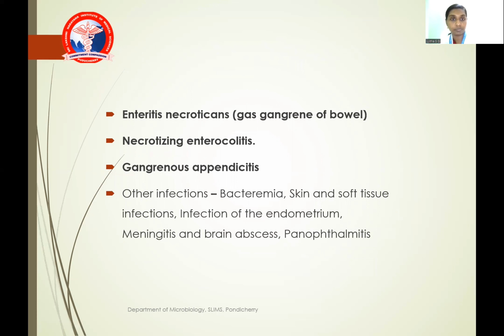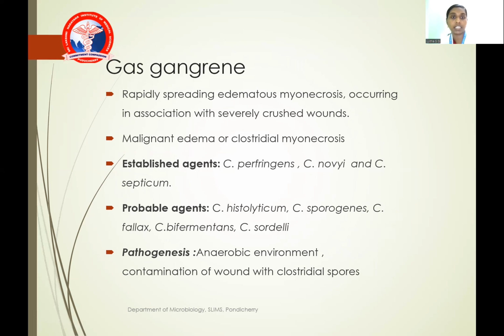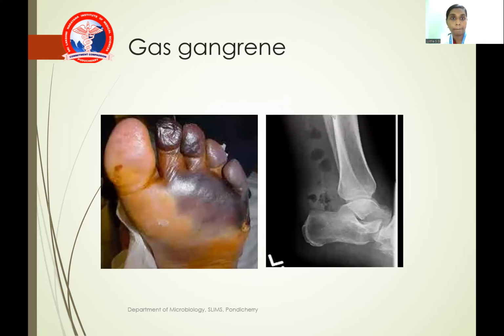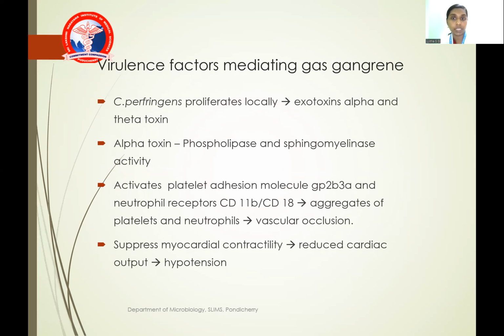About gas gangrene, it is a rapidly spreading myonecrosis associated with crushed wounds. The most established agents are Clostridium perfringens, followed by novyi and septicum. And the virulence factor, the main action is by the alpha toxin. It is alpha toxin that produces almost all the features that lead on to the disease.